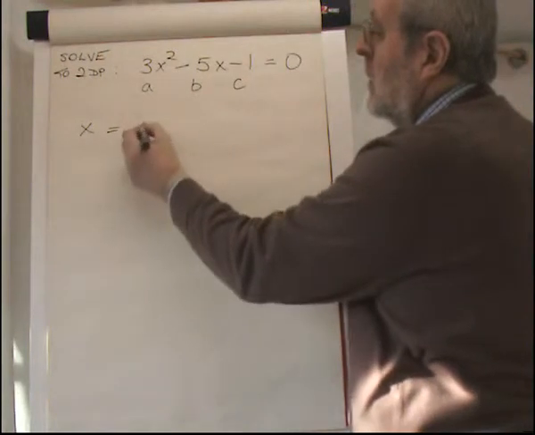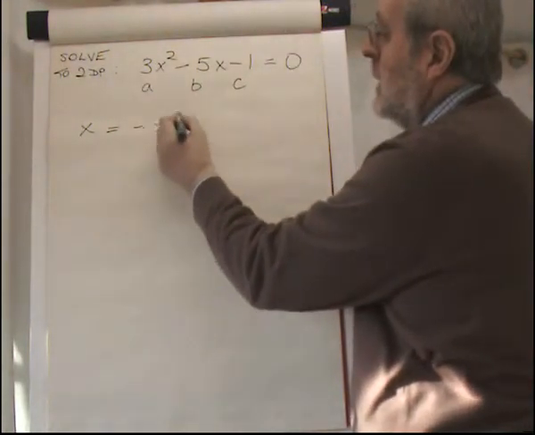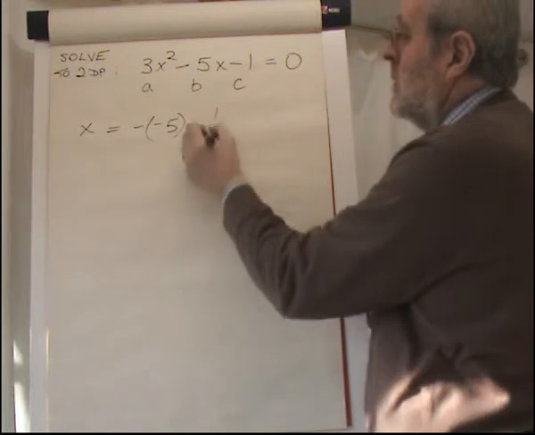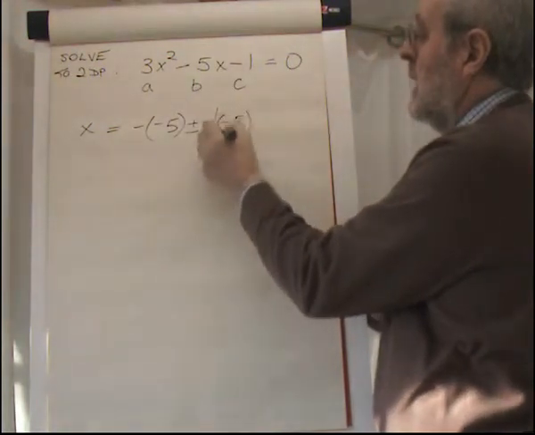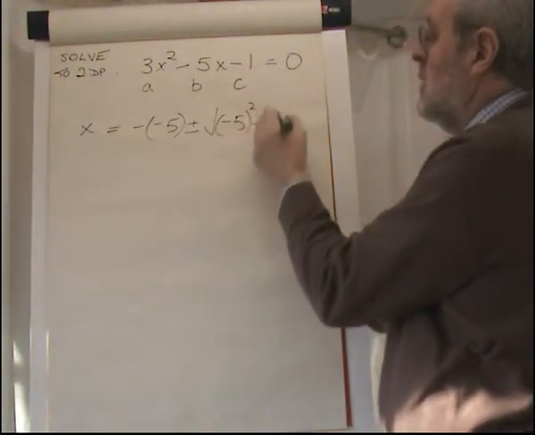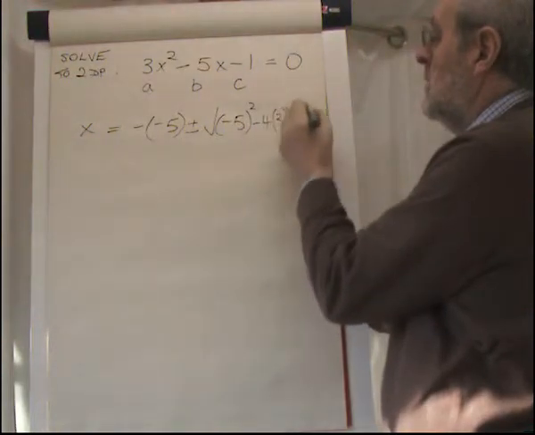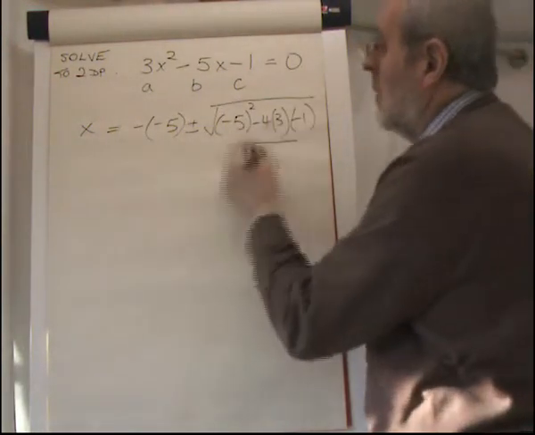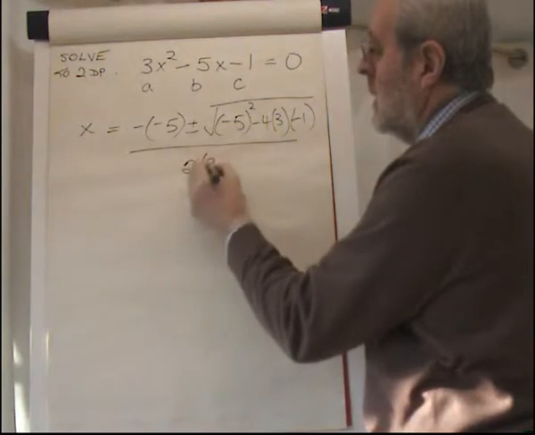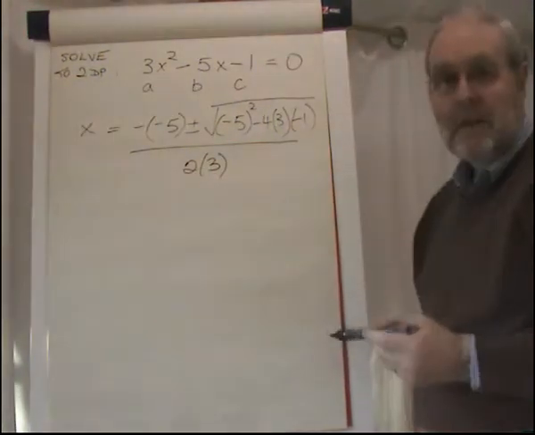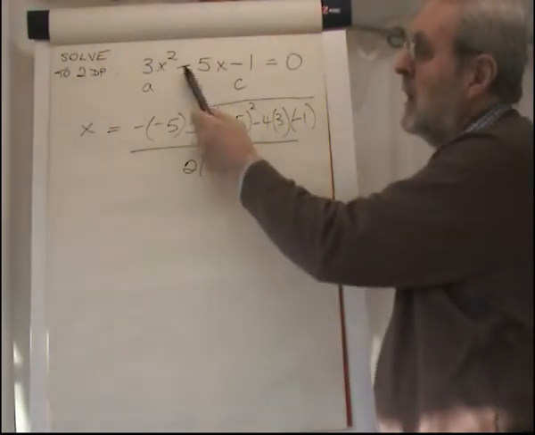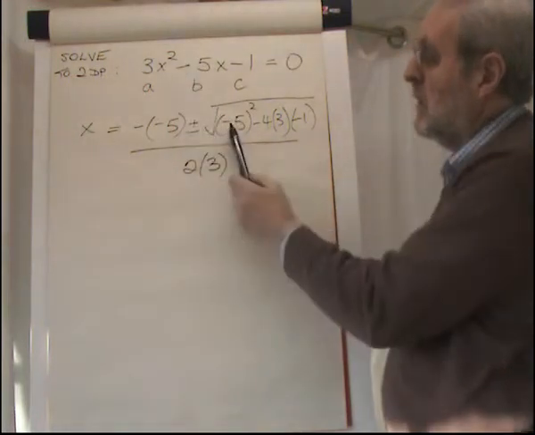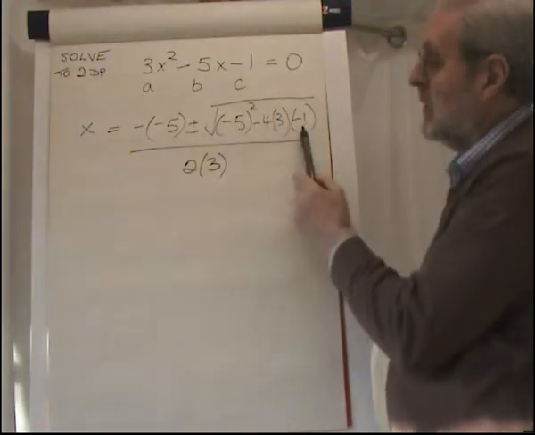So when I substitute in, minus b plus or minus the square root of b squared minus 4ac, all over 2a. Now pay particular attention to negatives. b is a -5, c is a -1.